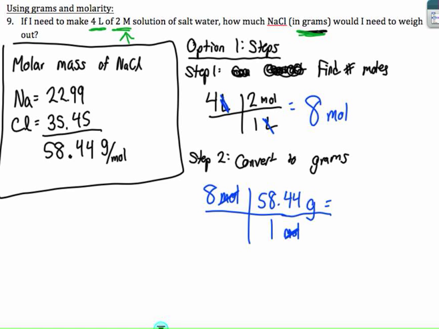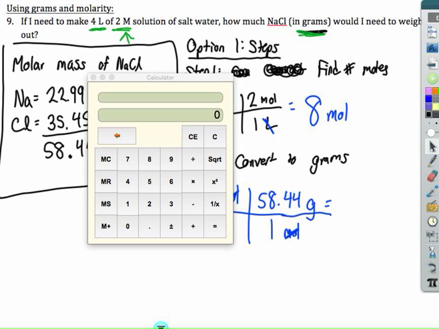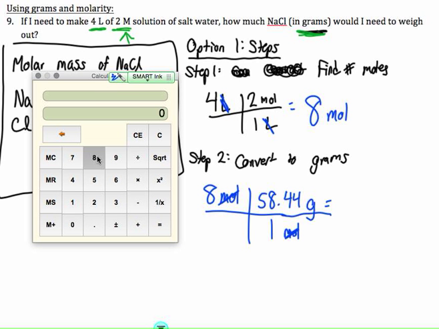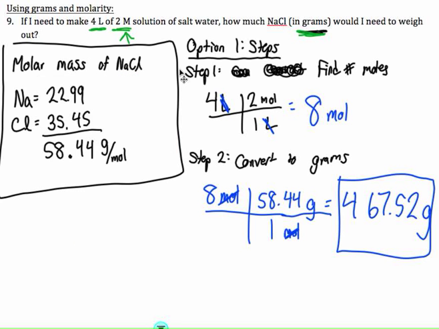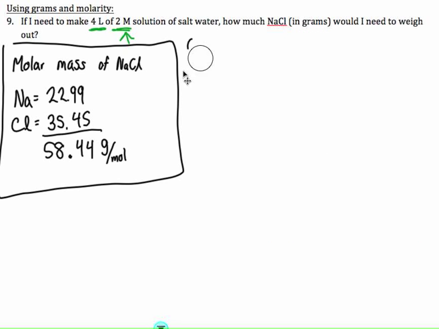I have 8 times 58.44, which gives me 467.52 grams. This is doing it out in 2 steps. I could have also done it all in 1 step, and I'll show you how that works.